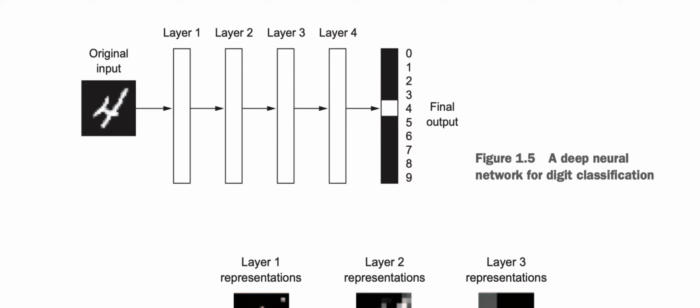Well, the difference is that there is an emphasis on learning successive layers of increasingly meaningful representation. So we have an input image that goes through a first layer. This first layer, you can think of a function being applied to this input image, and then there's another layer, another function.